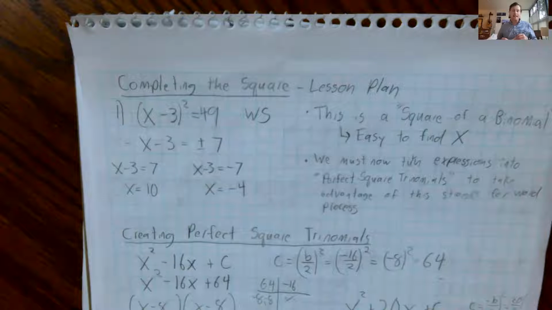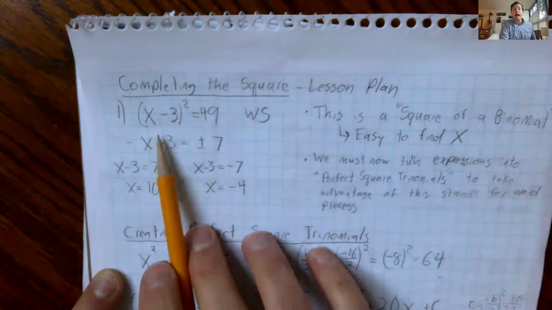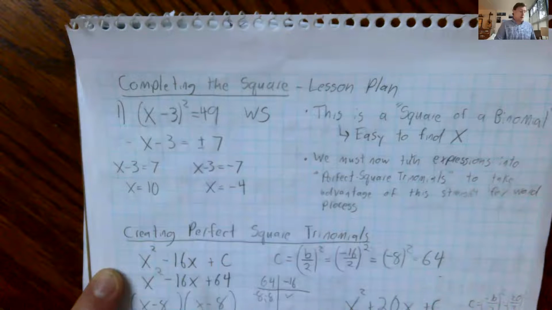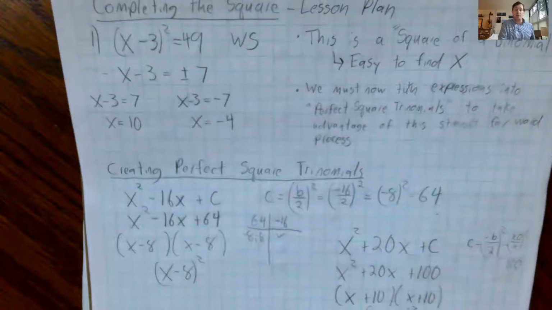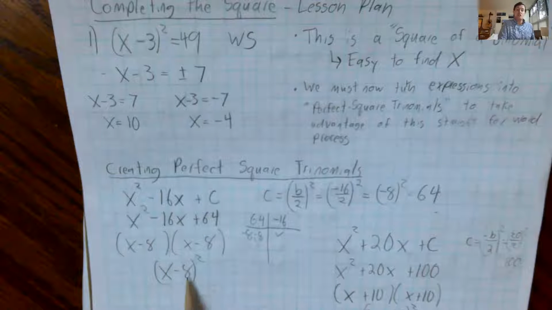All right, this is the last video for today when completing the square, day one. So far, we've talked about the square of a binomial and how to solve for x, coming up with two solutions. We then talked about creating perfect square trinomials where we add a c term, so we turn it into a square binomial.